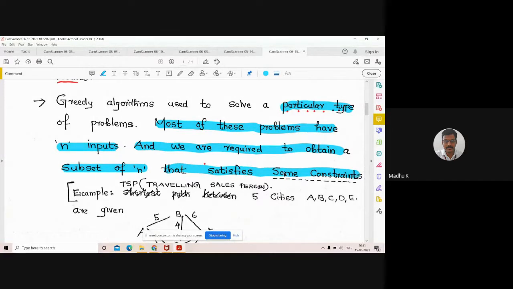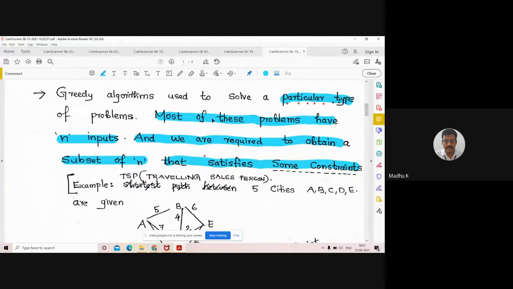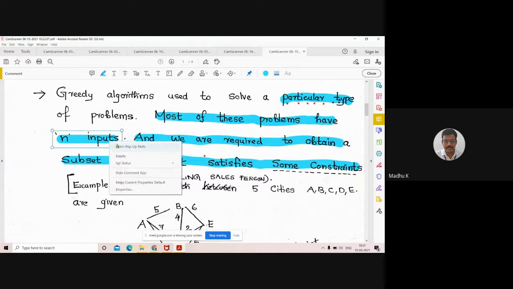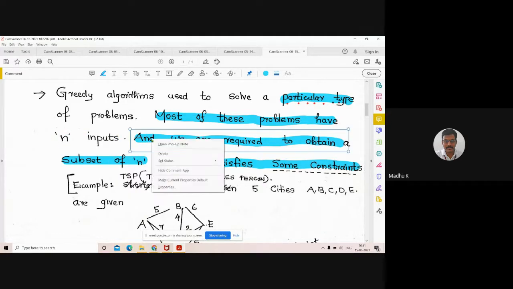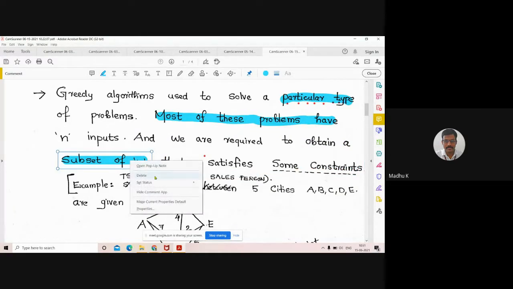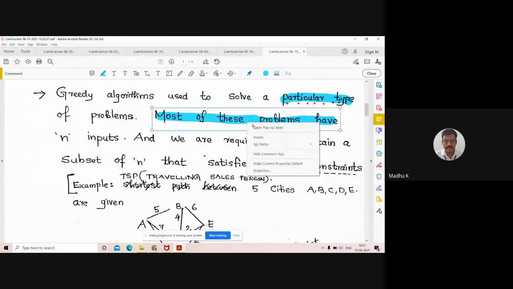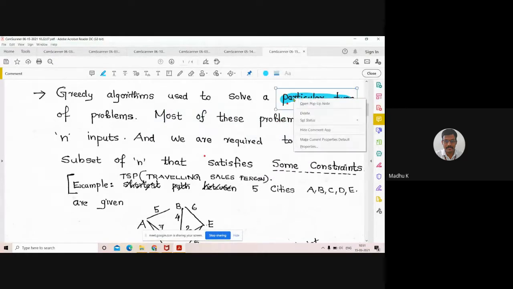There are n inputs, and we are asked to find a subset of n that satisfies some constraints. This type of problem can be solved using the greedy algorithm.